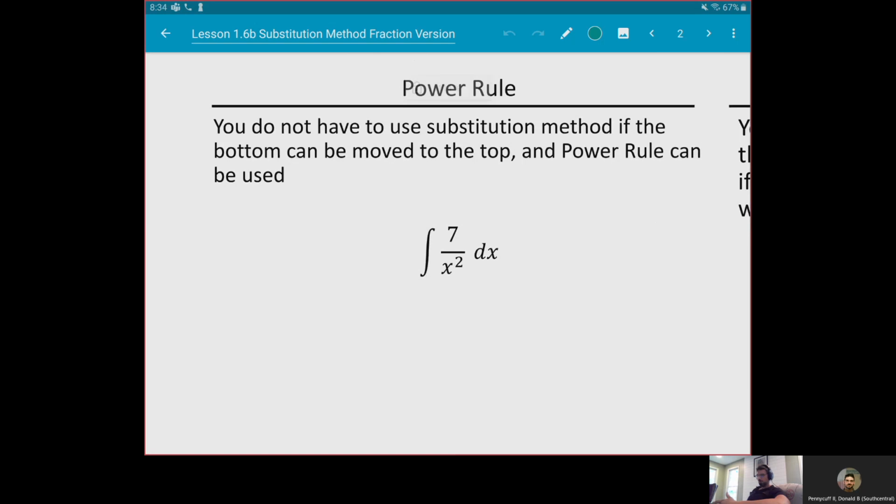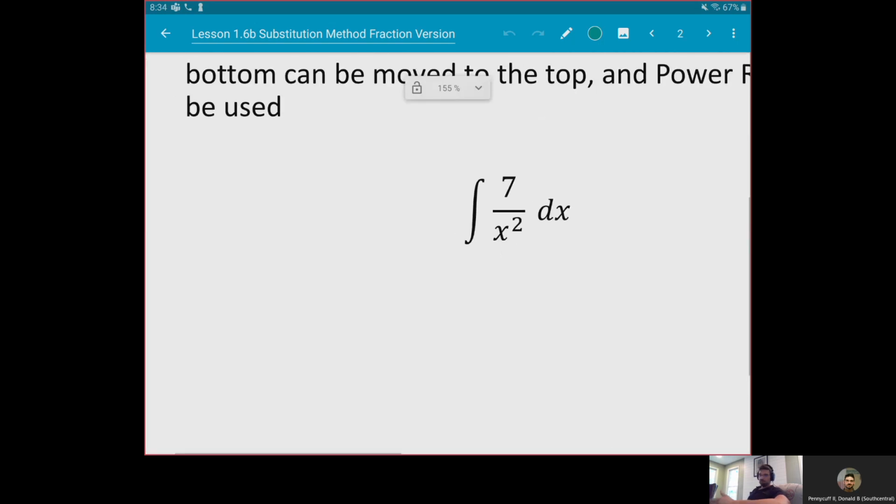However, right here, this is a number divided by a letter squared, and that occurs a lot when you're dealing with functions involving distance because Pythagorean theorem is a square. So especially things involving circular motion or radial forces, you're going to end up with letters on the bottom. And there is a very clever workaround.